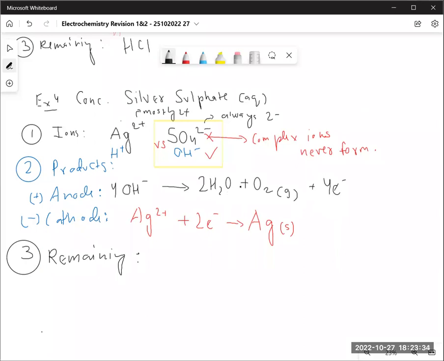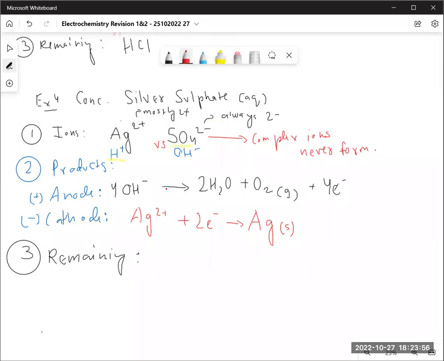These are at the anode and the cathode. So what is remaining now? Silver? No, silver is also gone, by the way. Silver is going to the cathode. So what is not going to the cathode or electrode? Hydrogen and sulfate.